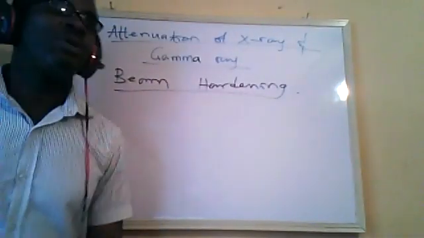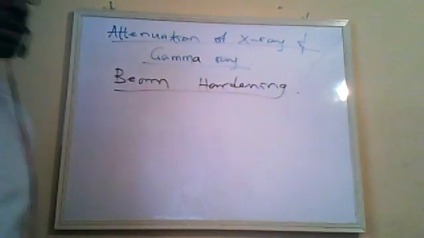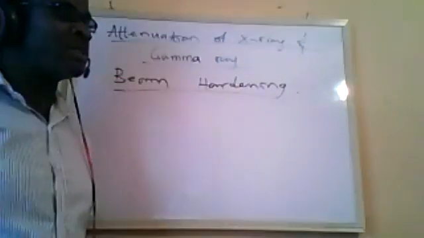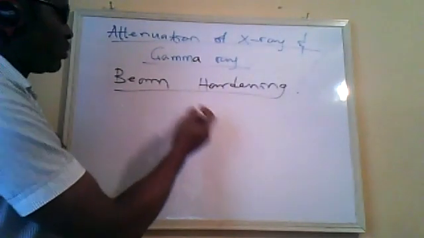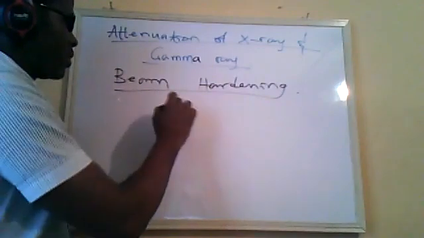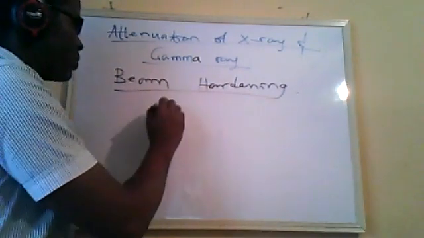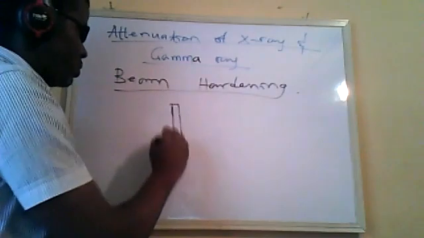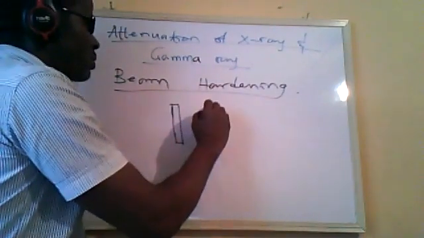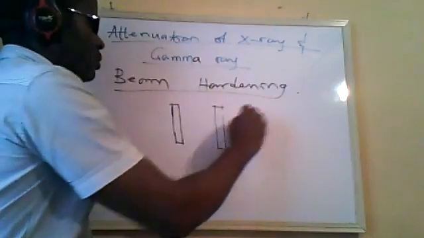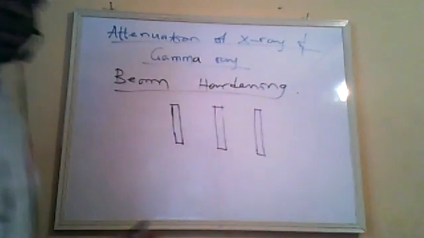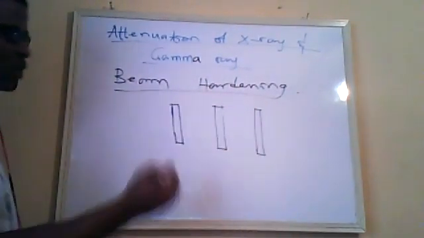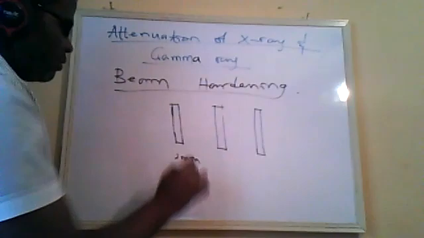How? I don't want to go into the mathematical operation. But what I have to say here is we have three attenuators, or three HVLs. We have calculated the HVL of this particular beam and found it to be, maybe, 2 millimeter of aluminum.